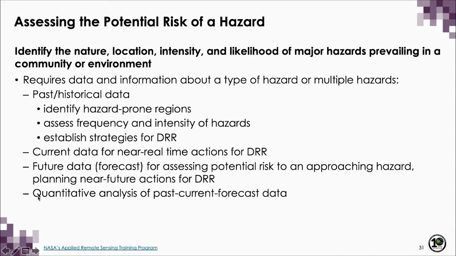It is important to note that for this to be accomplished, not only do we need proper data, but quantitative analysis of this past, current, and forecast data is required for assessing the potential risk of any hazard.